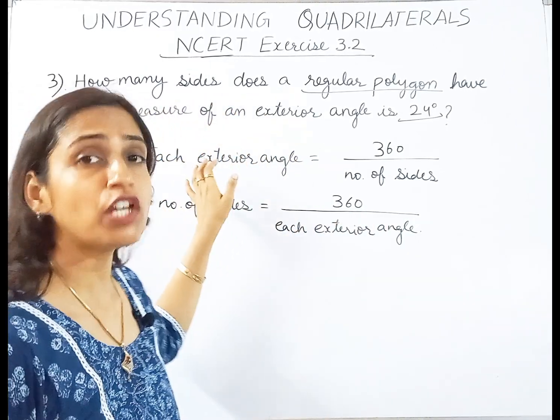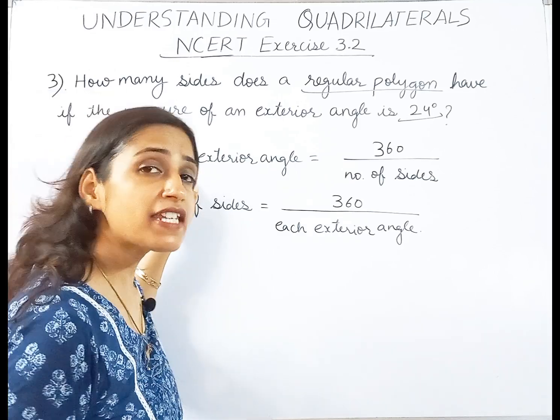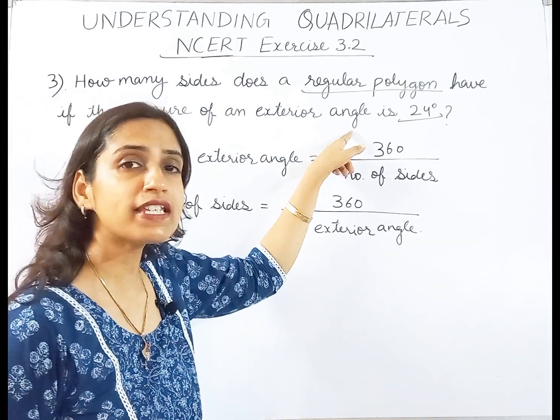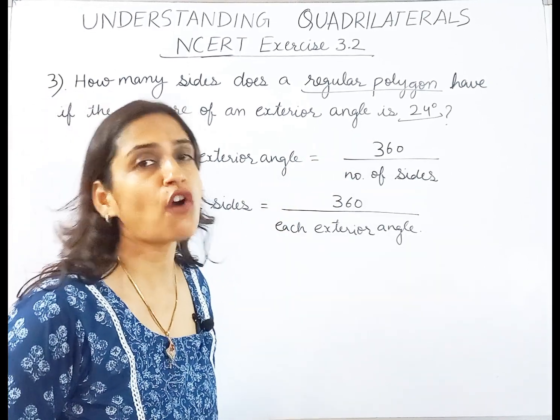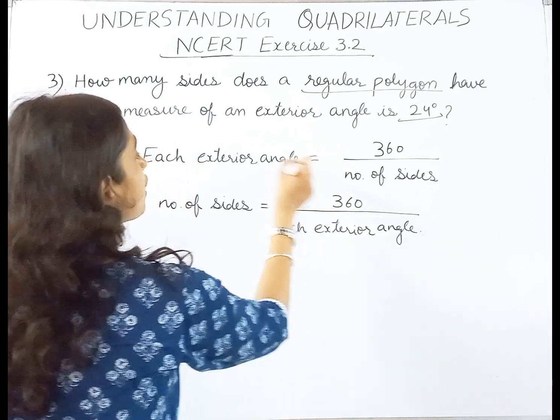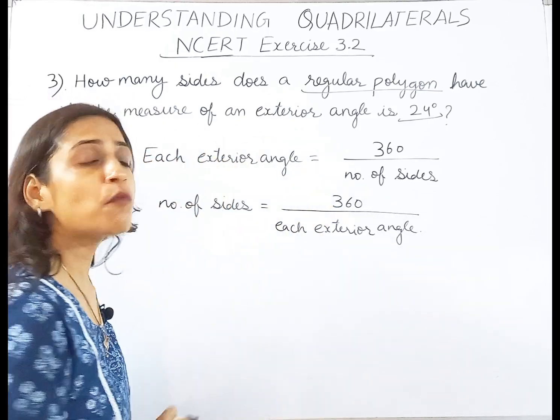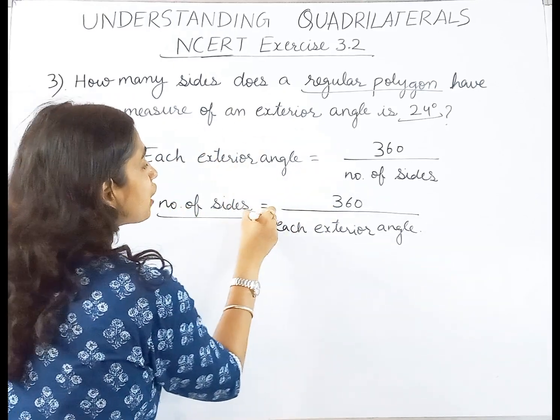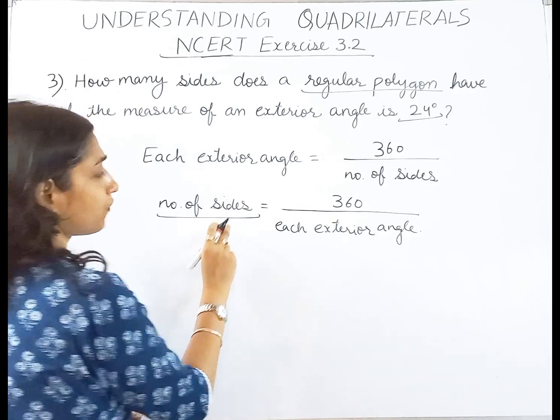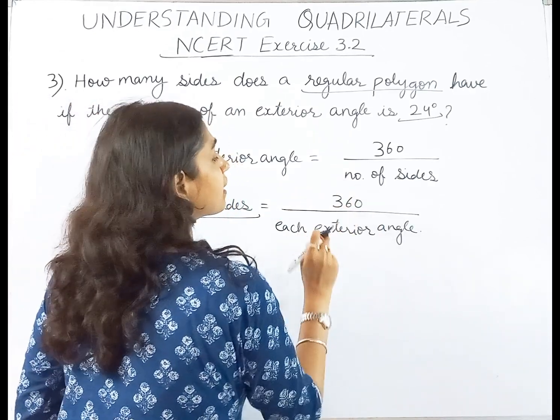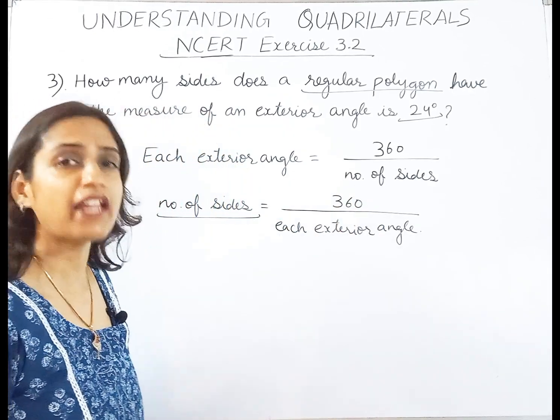So for the regular polygon, we know that each exterior angle is equal to 360 divided by the number of sides. So if we interchange these two terms, then the formula becomes: number of sides of a regular polygon is equal to 360 divided by each exterior angle.